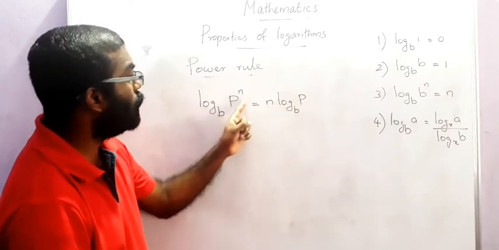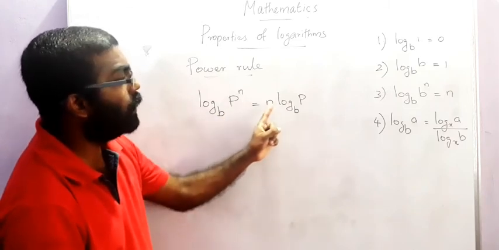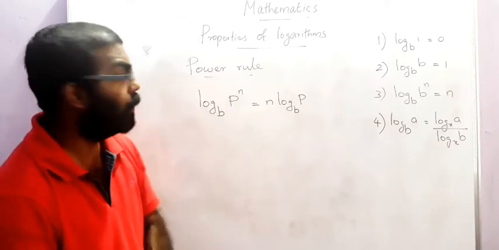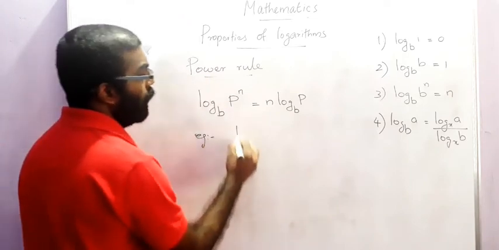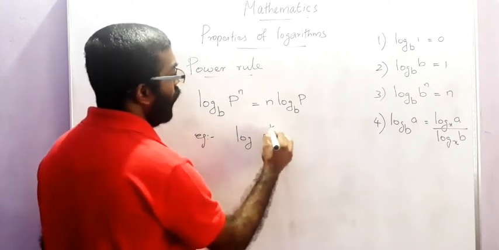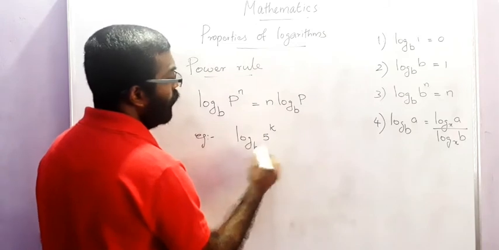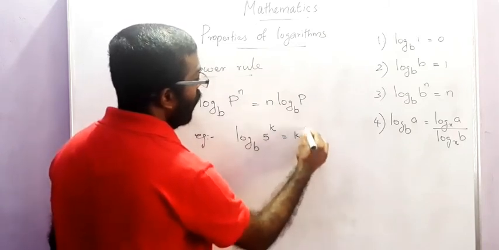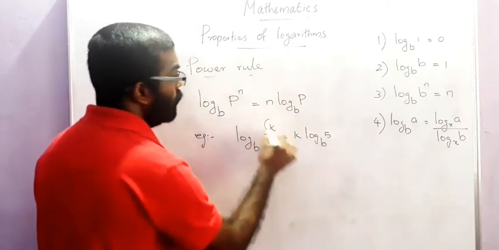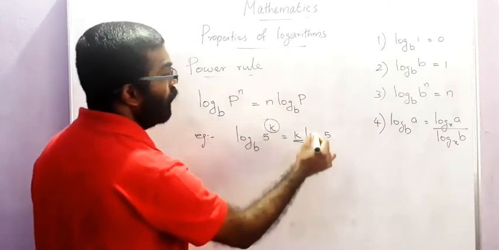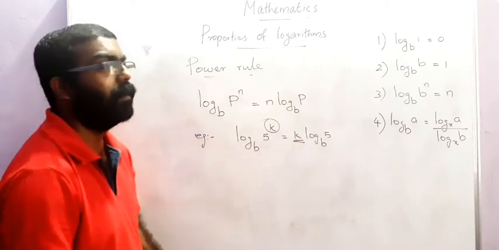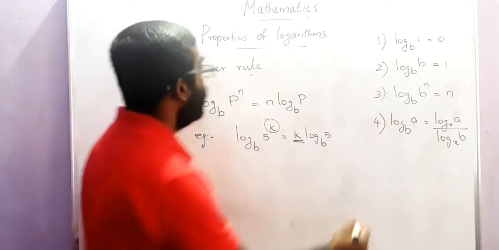For example, logarithm of 5 raised to k to the base b can be written as k log 5 to the base b. This power we write first, that is k into the logarithm of that number 5 to the same base. This is called the power rule.